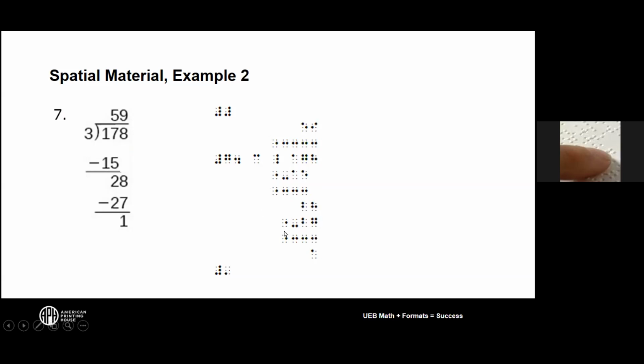Then minus 27, so minus 27. Very convenient to be in a numeric passage. We don't have to worry about where our numeric indicators go in here. Separation line under the minus 27, and a number 1. Then we're all done with that problem, so we terminate numeric mode so we can get back to whatever else is happening in the exercise.